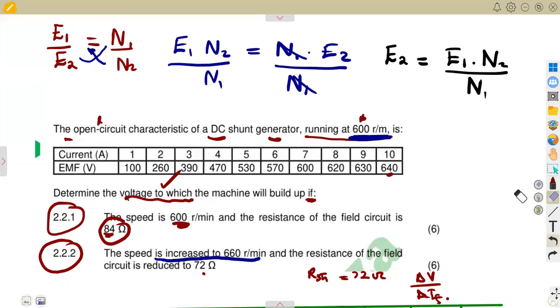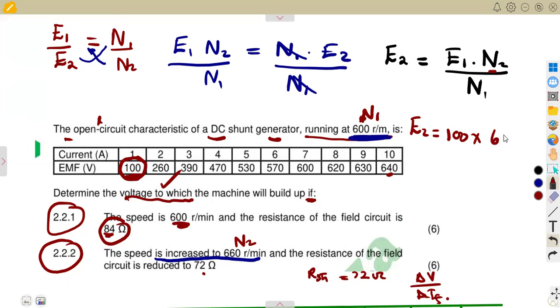When the voltage at the original point was 100, it is no longer 100. It is changing, there's an increase, so the voltage also changes. We calculate E2 when E1 is 100. The speed N2 has now increased to 660, originally it was at 600.